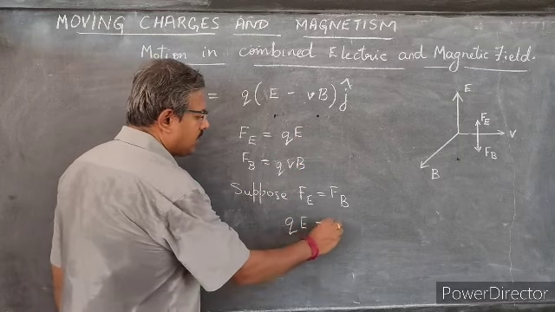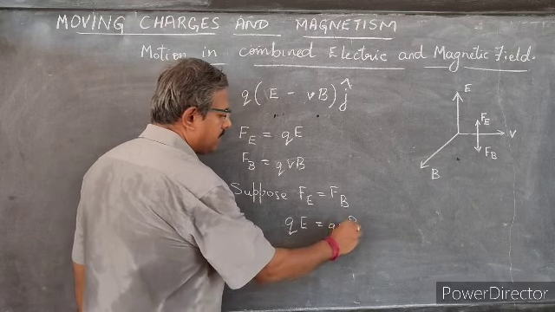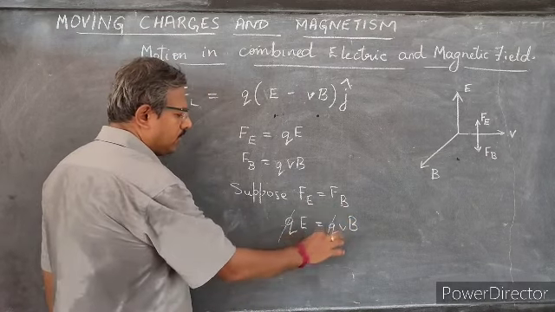QE equals QVB. So Q and Q get cancelled.